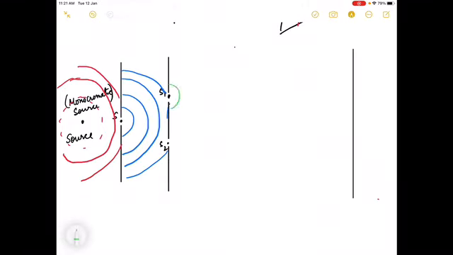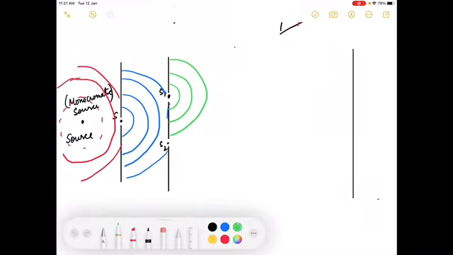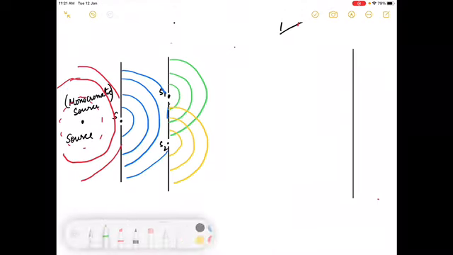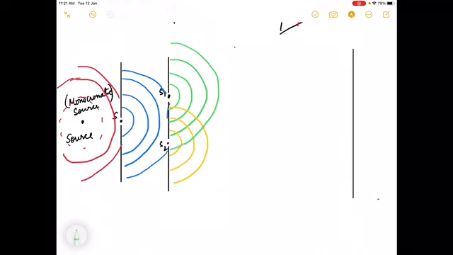Your S1 will emit wavefronts, and very similarly your S2 will also emit wavefronts, and they will move forward and reach the screen.